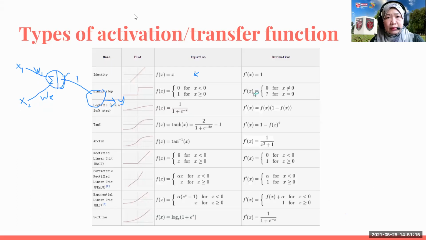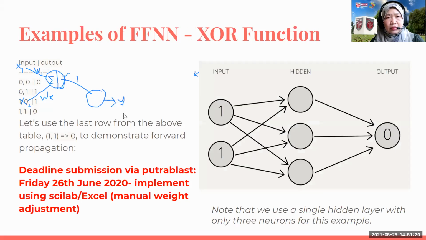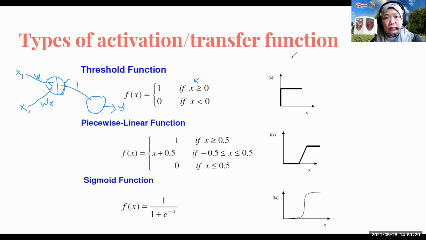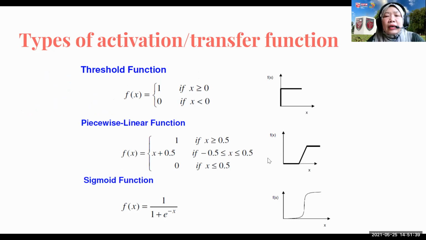So different activation functions will produce different outputs at the output layer or next layer. If you have many layers of hidden neurons, hidden layers, the output from each single neuron will be different.